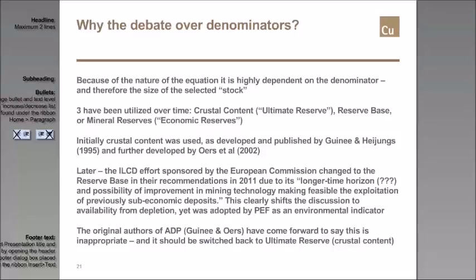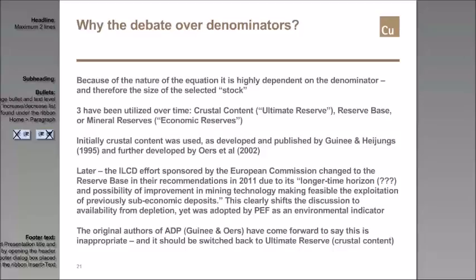As you can see, I've quoted here, due to its longer time horizon and the possibility of improvement in mining technology, making feasible the exploitation of previously sub-economic deposits. But what happens when you do that is you go from looking at a very big global stock to a much smaller number that is based on constantly fluctuating factors in the economy.